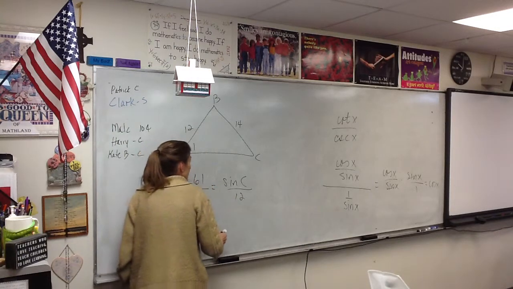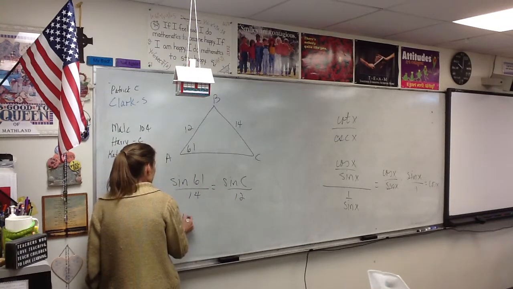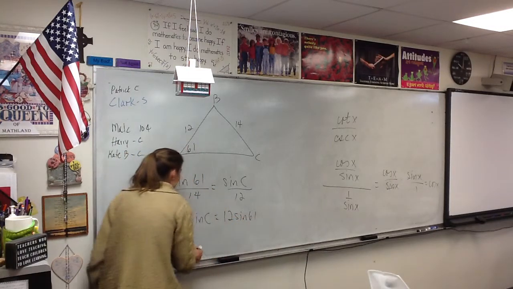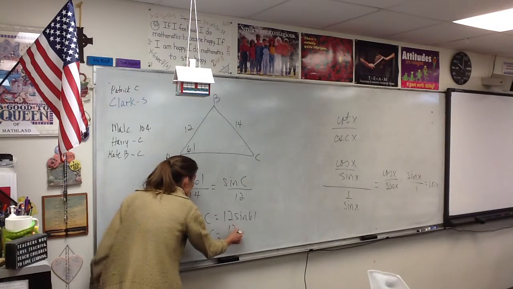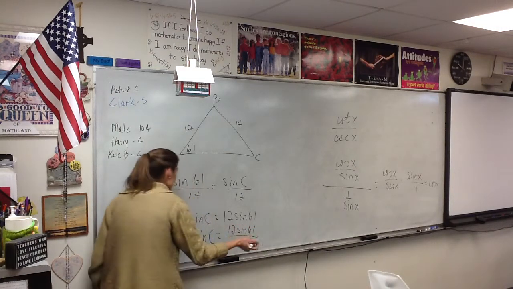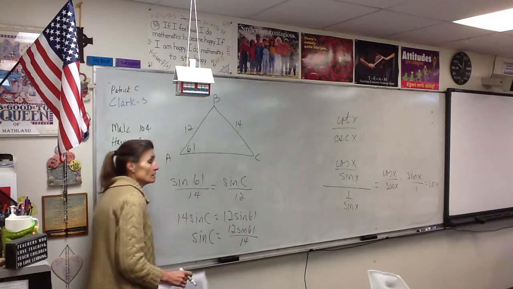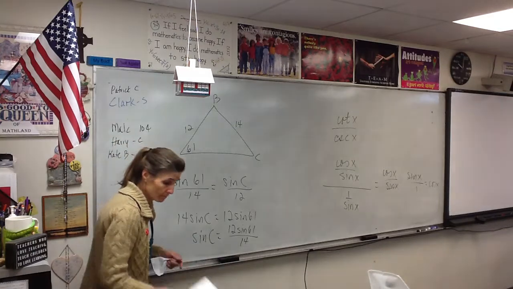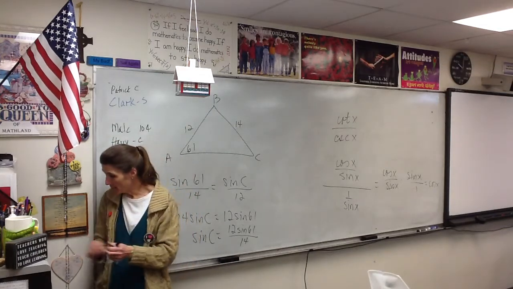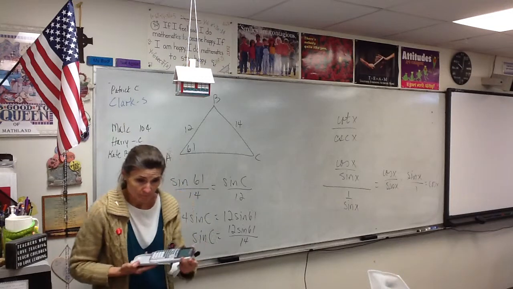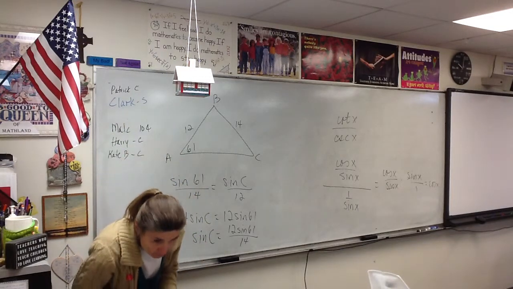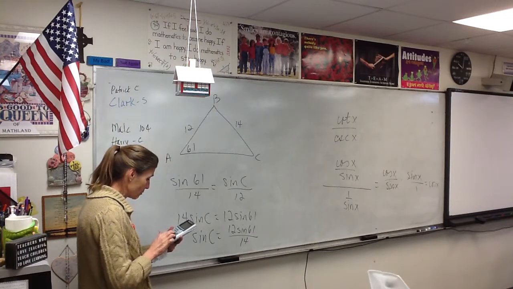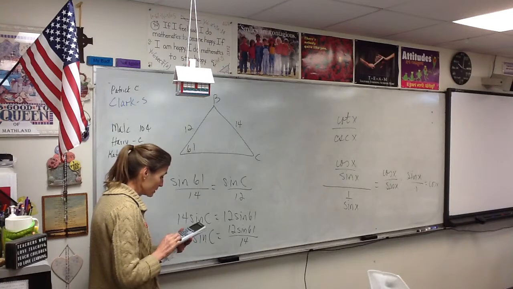Perfect. So when I cross multiply, and then I divide, I am ready to type it on my calculator. You will have a calculator for this whole test. You'll need a calculator on almost every single problem. So we type in 12 sine 61 divided by 14.